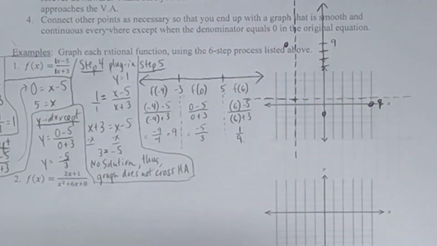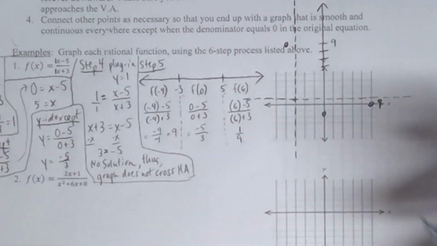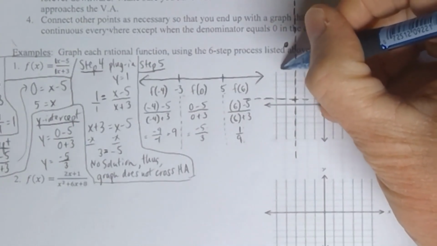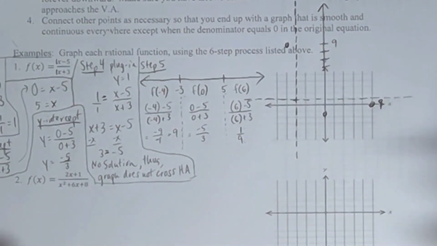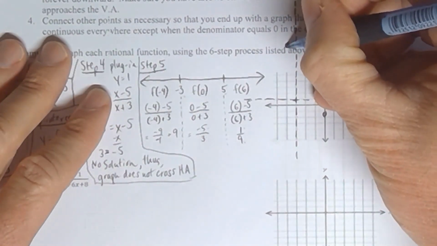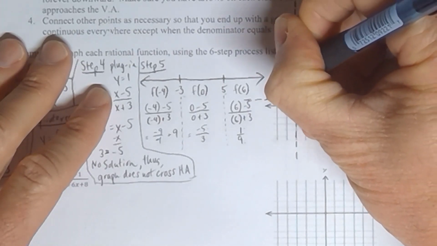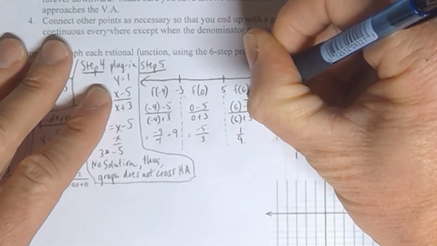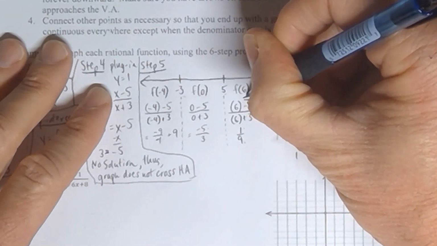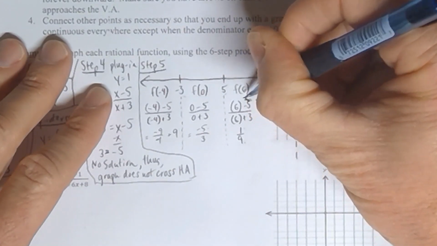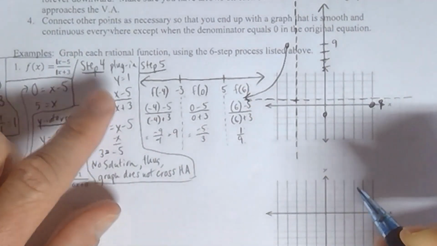But by definition, you guys, a horizontal asymptote, like any asymptote, is something that the graph gets closer and closer to as it goes forever in that direction. So you take the point furthest to the left and you have it get closer and closer like this, closer and closer to the horizontal asymptote without touching it. Doesn't mean it doesn't sometimes touch it, but we already found out in step 4 that it never does.